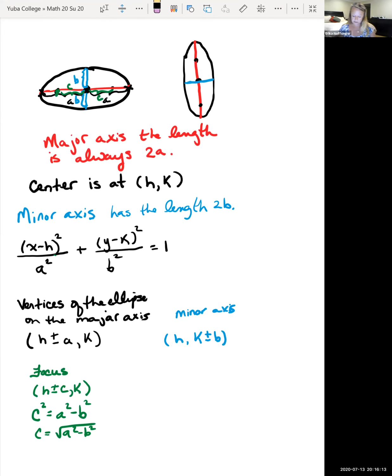Okay, so this was if the major axis was parallel to the x-axis. Now let's look at it the other way.